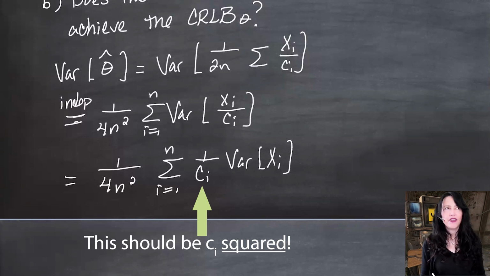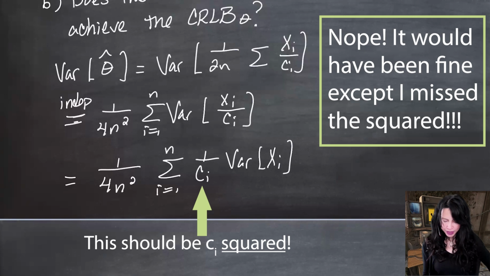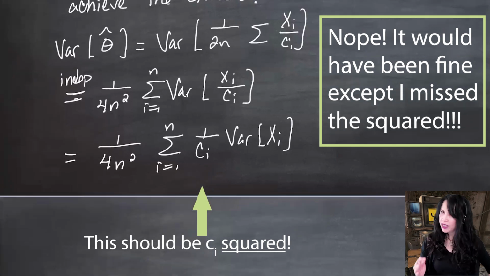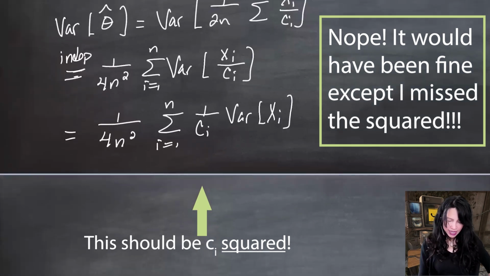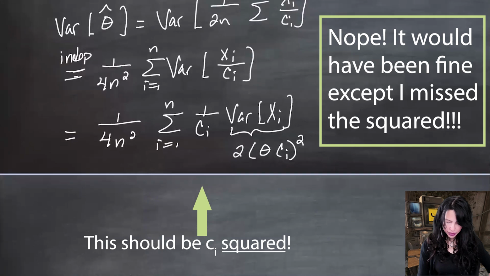I'm thinking now that the writers of this problem meant to use the gamma distribution in the alternate parameterization because this would have been cleaner, but we can do it. The variance of x_i we know is, what was it? It was 2 theta c_i squared.